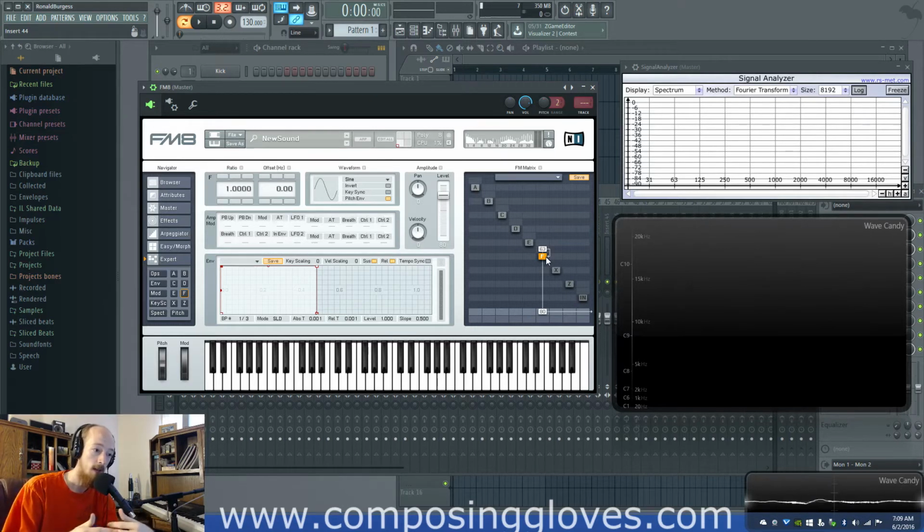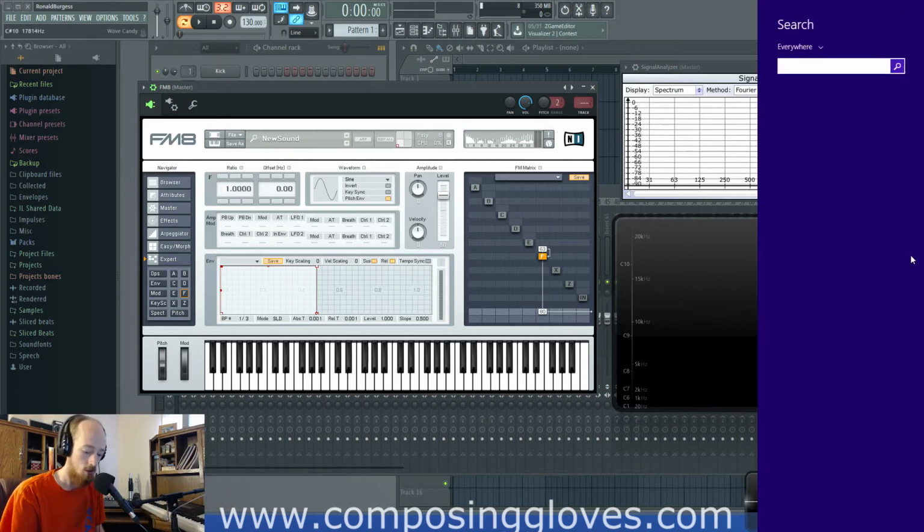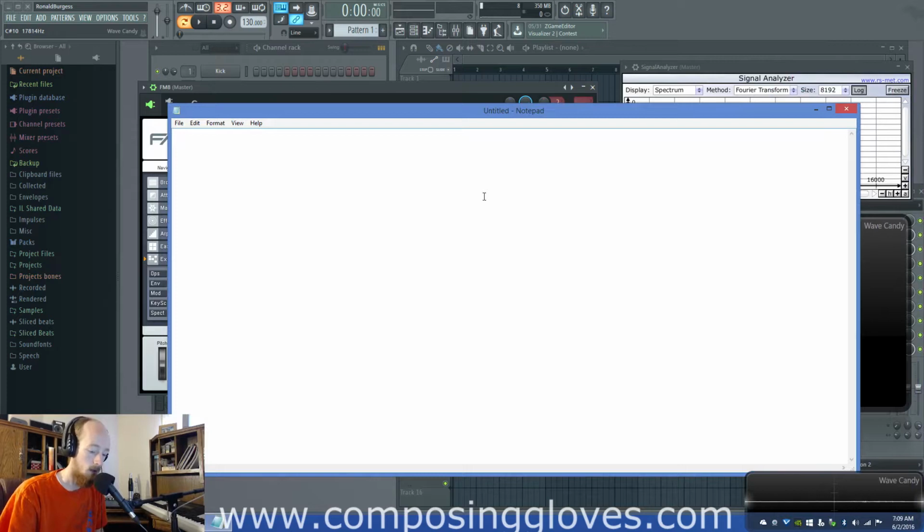So it would look as a W subscript SB equals a, let me open up Notepad. There we go. So it'll look like wavelength sideband will equal the carrier frequency.